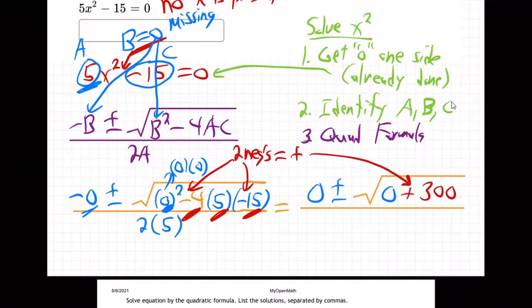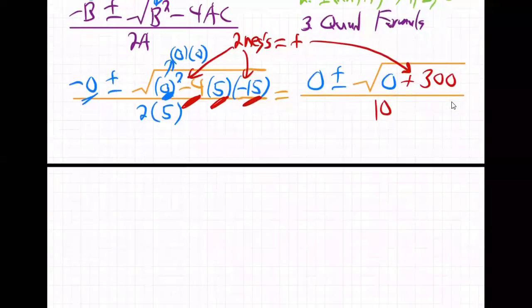Are you seeing how I did that? Just count the signs. If you have 2 negatives, they're all multiplied together. And this negative belongs to that 4. That's his baby. Any sign in front of a number, that's his baby. So we have negative 4 times positive 5 times negative 15. 2 negatives, positive. Over on the bottom, 2 times 5 is 10. Like that.